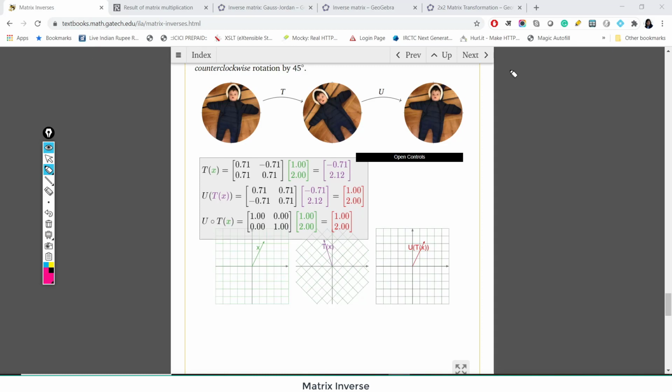I just do not want to increase the duration of this video tutorial, but the property which we have verified is that the matrix associated with linear transformation U is the inverse of the matrix associated with linear transformation T. That is one property which you can verify by looking at these two matrices and computing the inverse of this matrix, you will be getting this matrix, right?